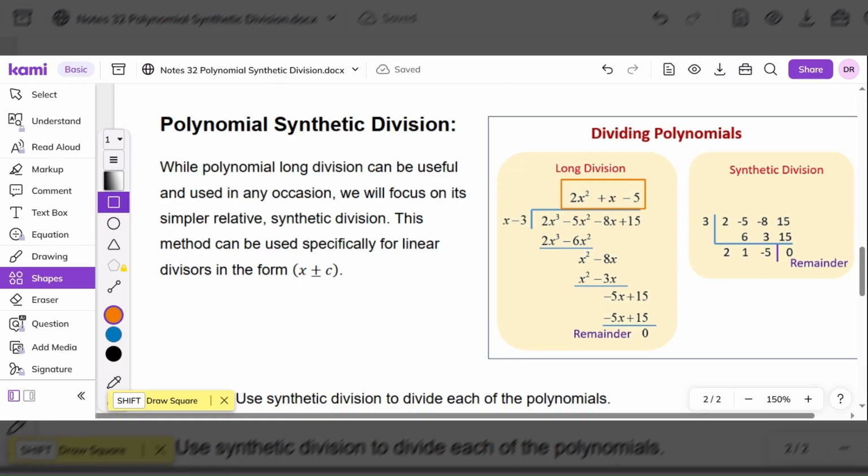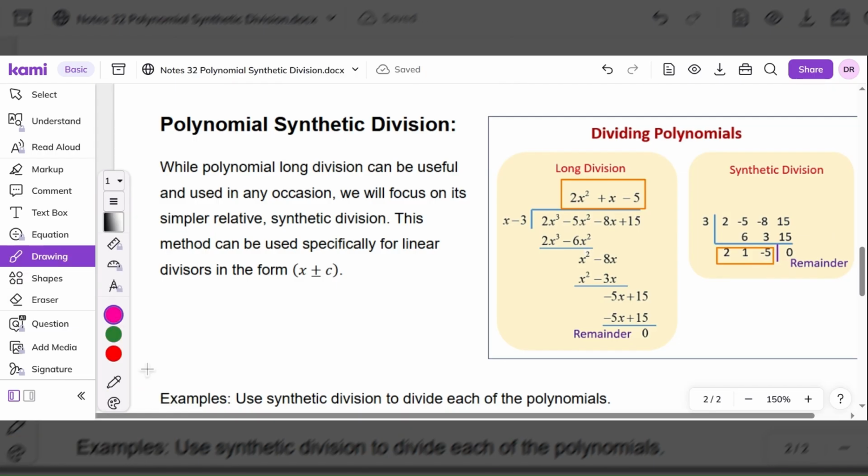And if you look closely, right down here, underneath this box is that same quotient, because we have a 2 underneath it. That was for the x squared. There's a 1 after that. That's for the plus 1x. And then there's a minus 5 after that. Those are the same 3 numbers that we see in this long division example. And there's a remainder of 0 at the end.